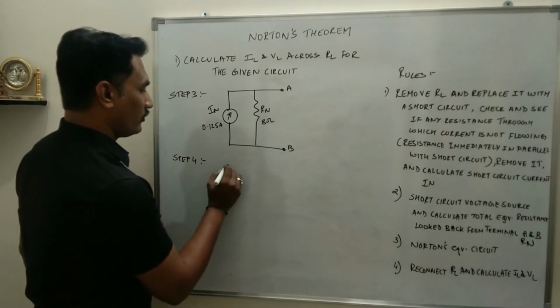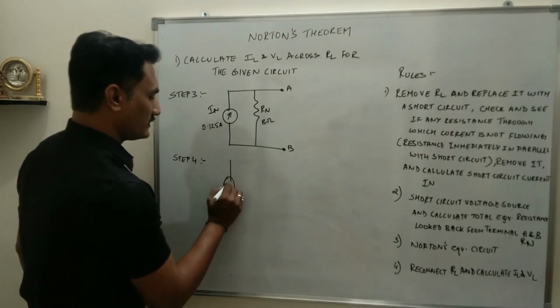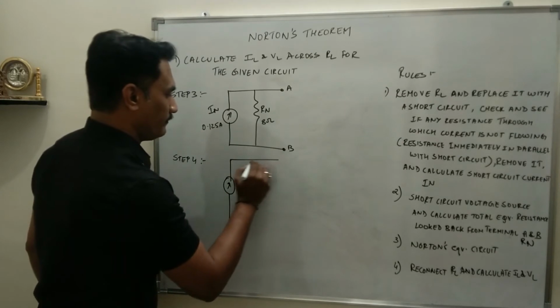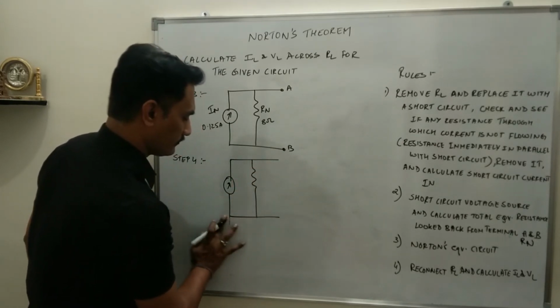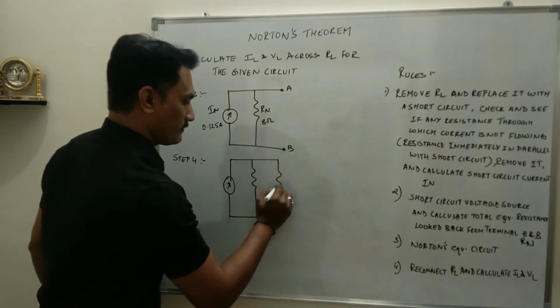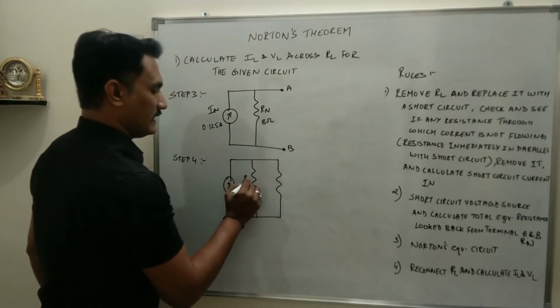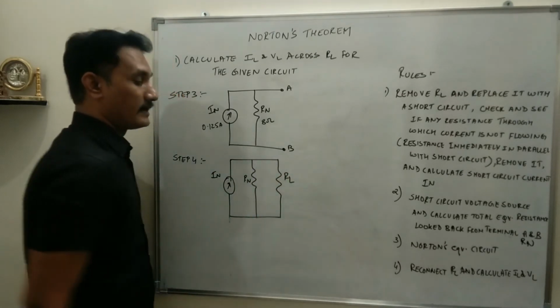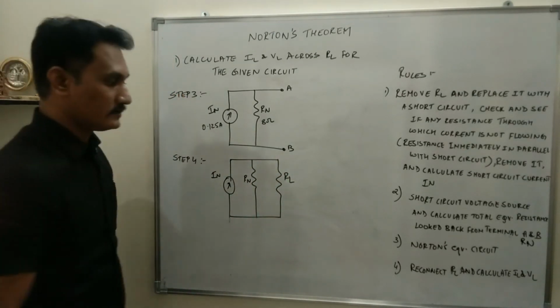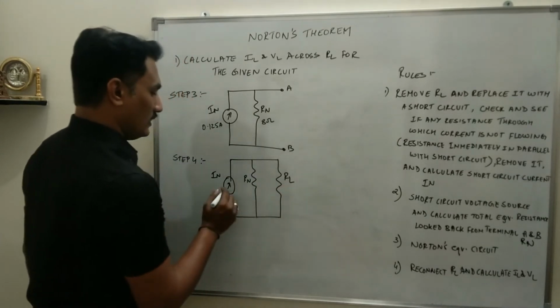Okay, so step 4, draw the same circuit again. This is Rn, this is In, and this is RL.